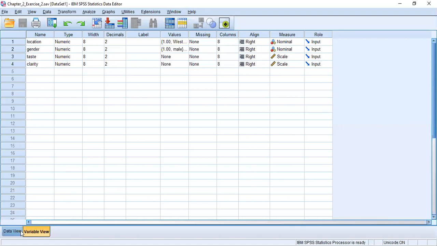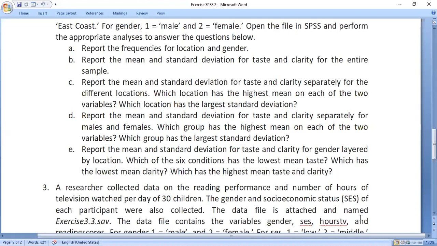The SPSS file is with us and we have to perform this: report the frequencies for location and gender. I'm following the question. Report the frequencies for gender and location. So this is what we have to do.